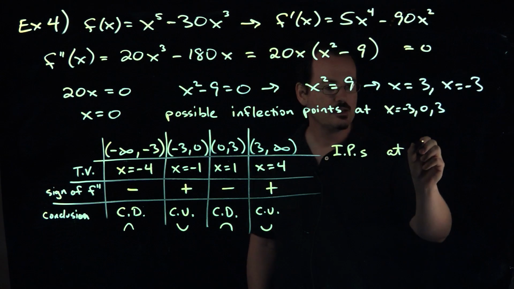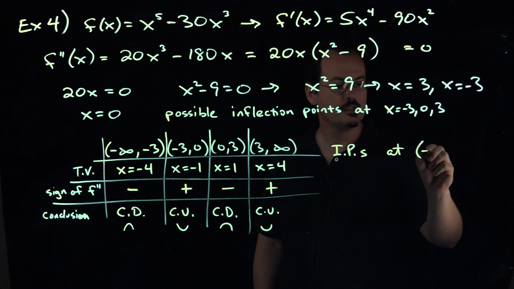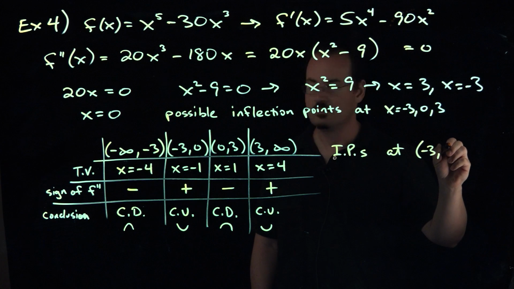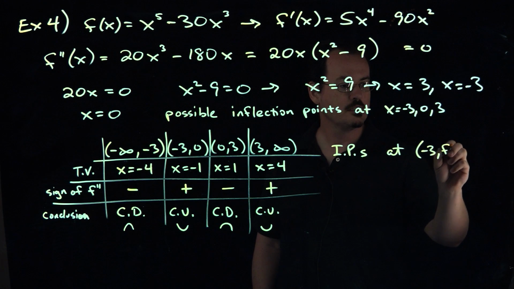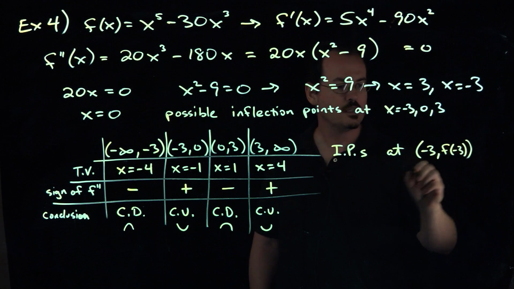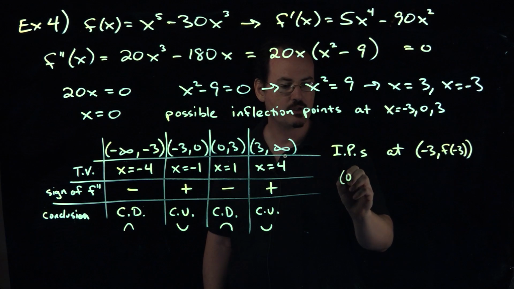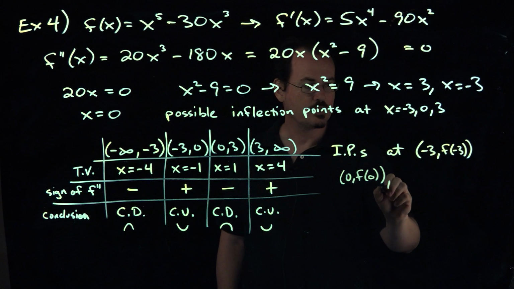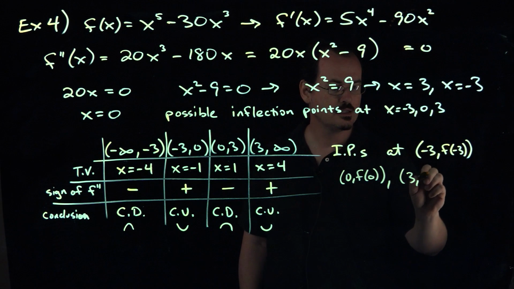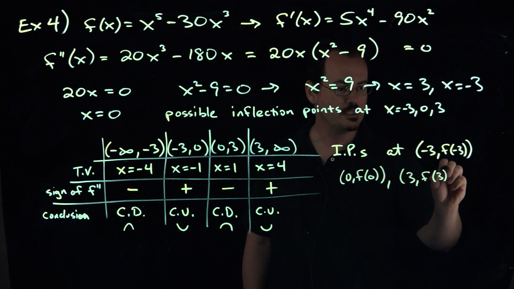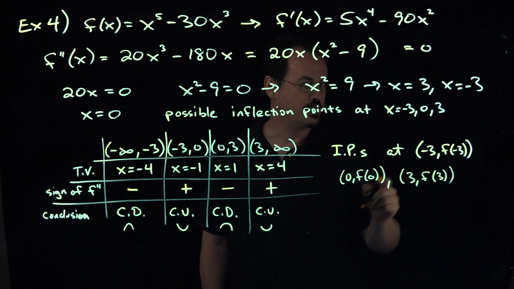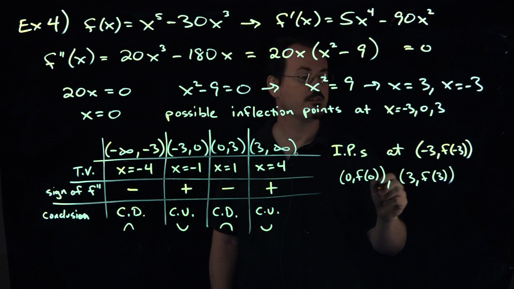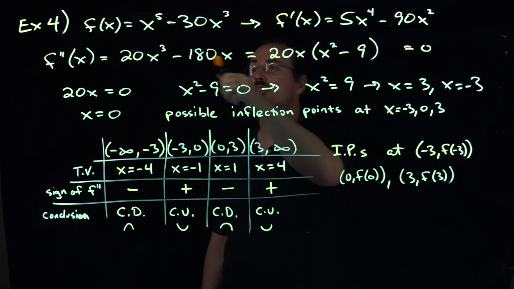So where are they? Well, they're at negative 3, f of negative 3, and then we've got another one at 0, f of 0, and then another one at 3, f of 3. For negative 3, f of negative 3, we're going to have to actually plug negative 3 into this function here.